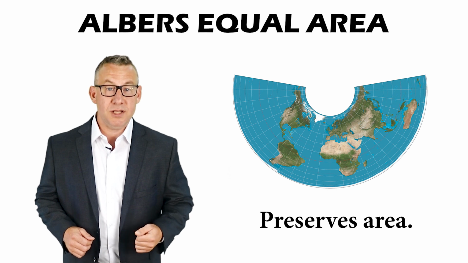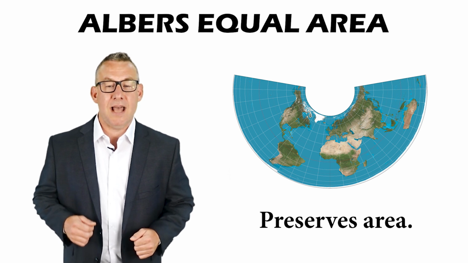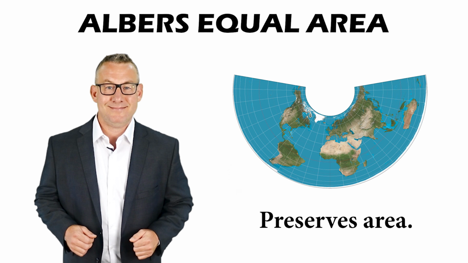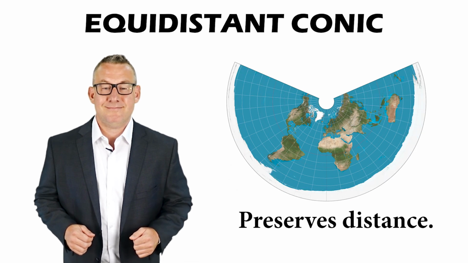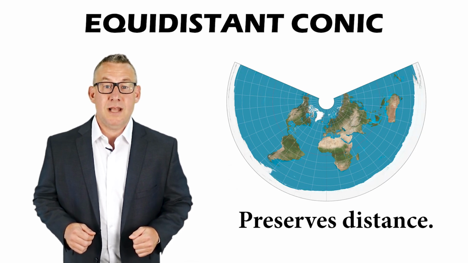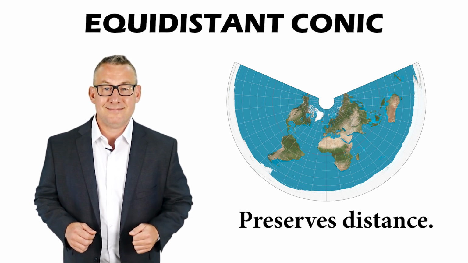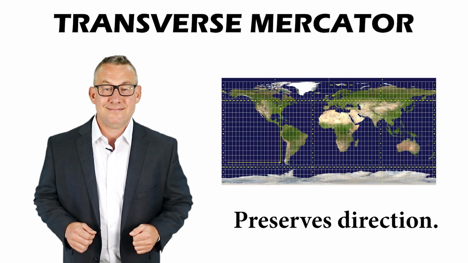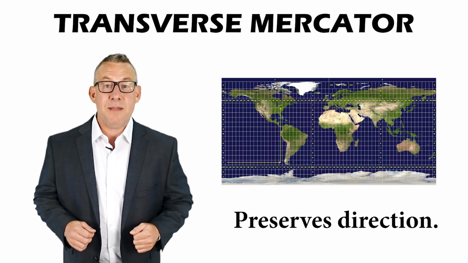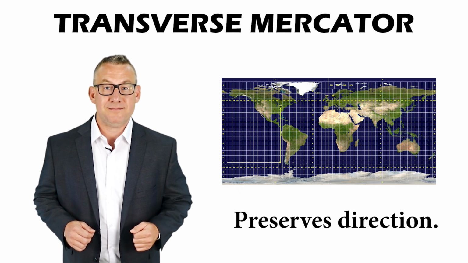A projection commonly used to preserve direction is the Albers equal area projection. A projection that preserves distance is the equidistant conic. A projection that preserves direction is the transverse Mercator.